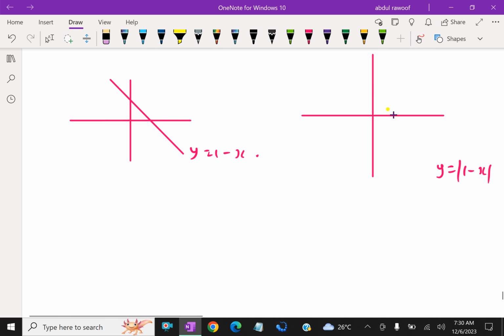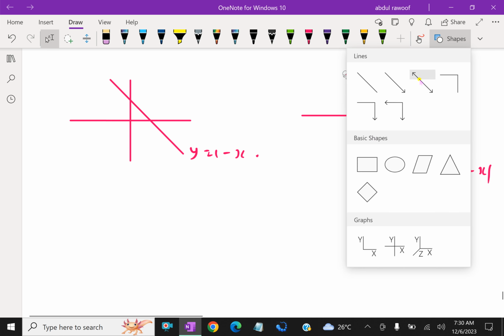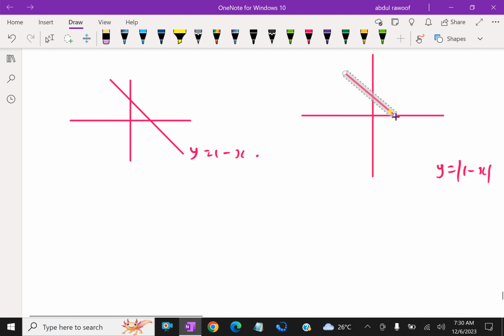This point goes like this, and the negative side of x will go as positive only. So this function is modulus x.